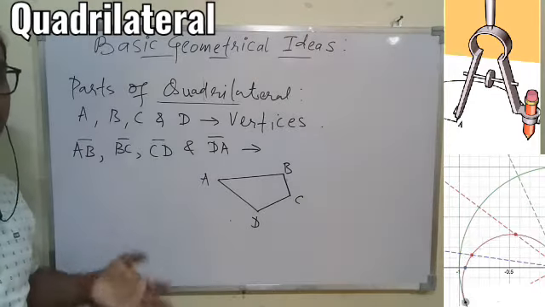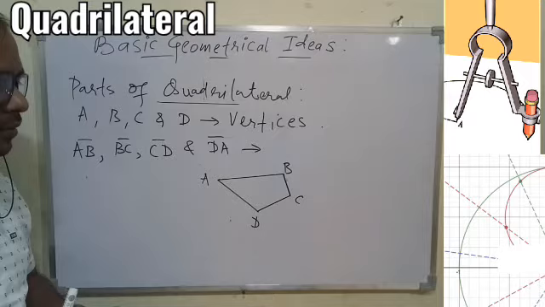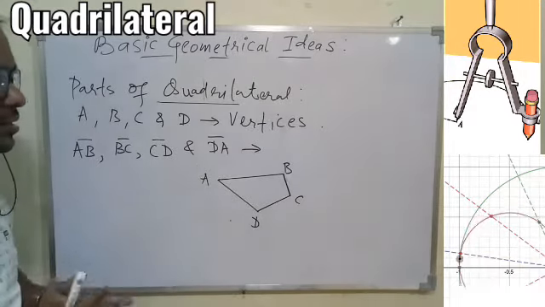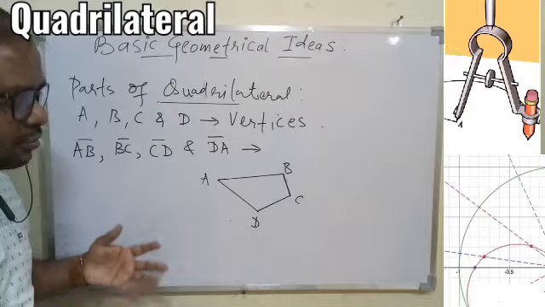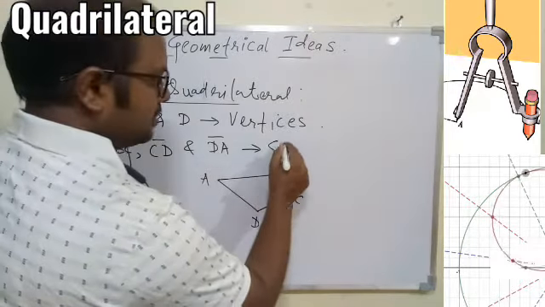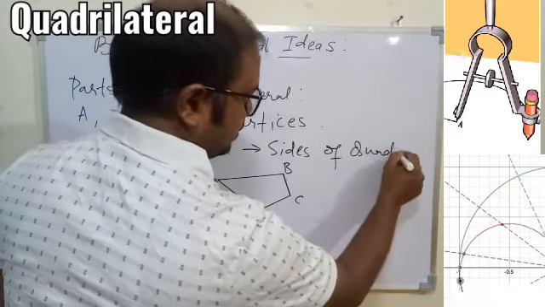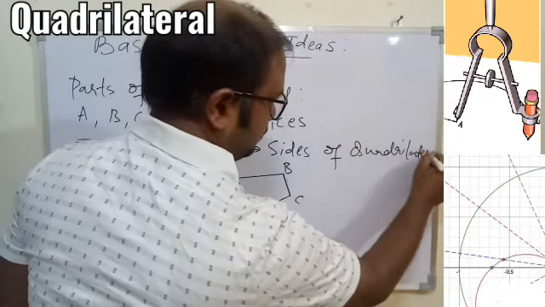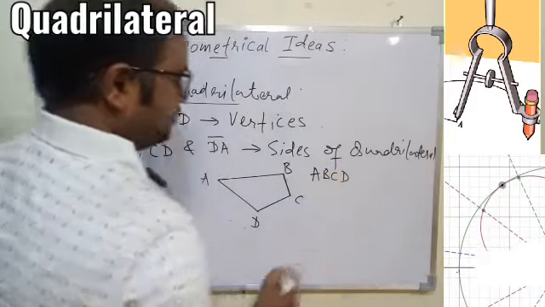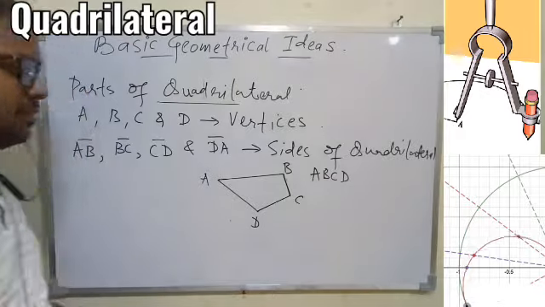Like we understood in the case of a triangle, the triangle is made up of 3 line segments only, and we had 3 different sides. In a quadrilateral we are able to see 4 line segments, so we have 4 sides of the quadrilateral ABCD.